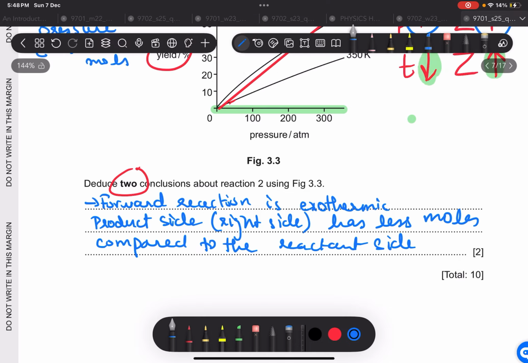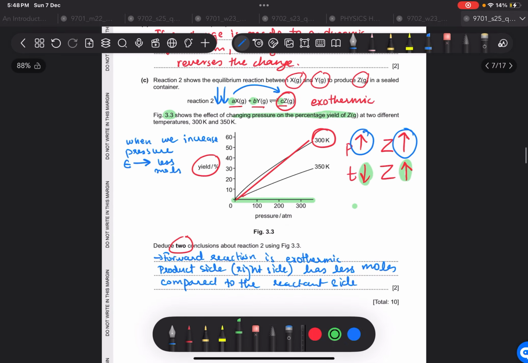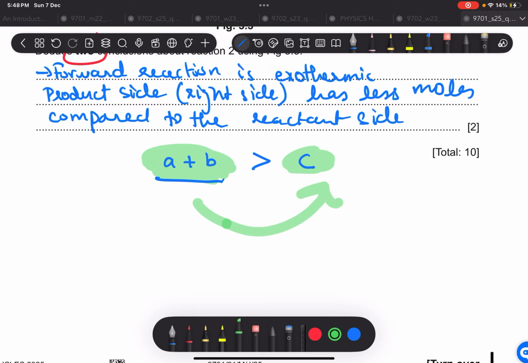Over here they've used the symbols A, B and C for the moles. So you can tell that A plus B, combined, is going to be greater than C, because the reactant side has more moles. This side has more moles compared to C. That is why increasing the pressure moves it towards this side, because this side has fewer moles.